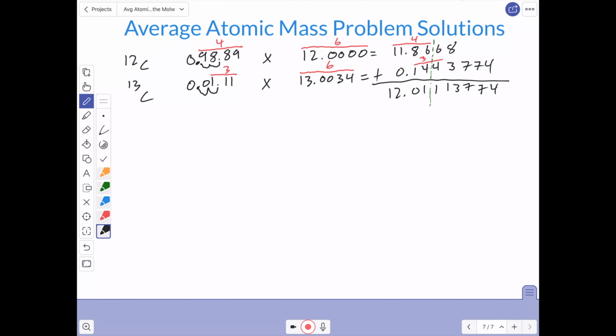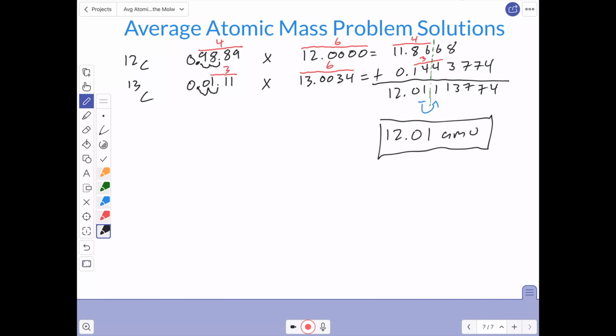All right, so rounding here, I look to the right, stay the same. Final answer, 12.01 AMU. Now the nice thing is you can check yourself on these actual elements by looking at the periodic table.